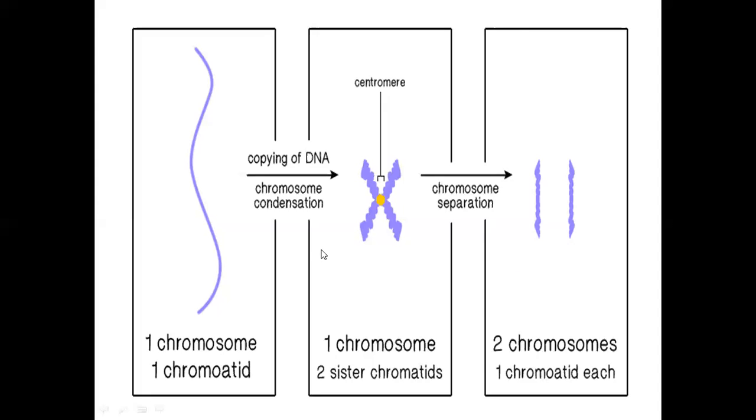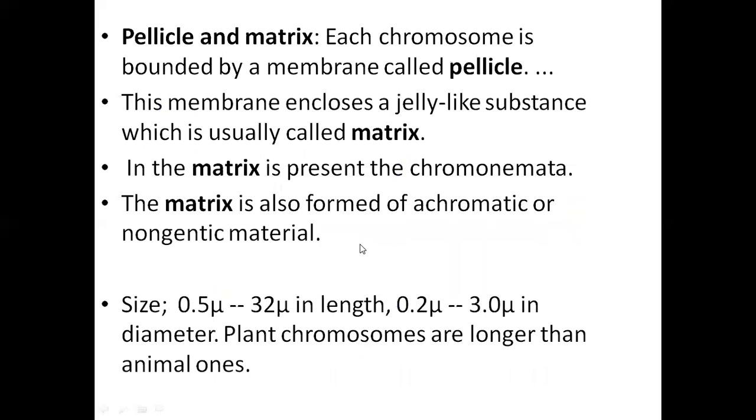Now the chromatin fiber, what is actually present here, undergoes condensation to form chromosomes. During interphase, each chromosome decondenses to form the chromatin network. The other parts of the chromosome consist of the pellicle and matrix.